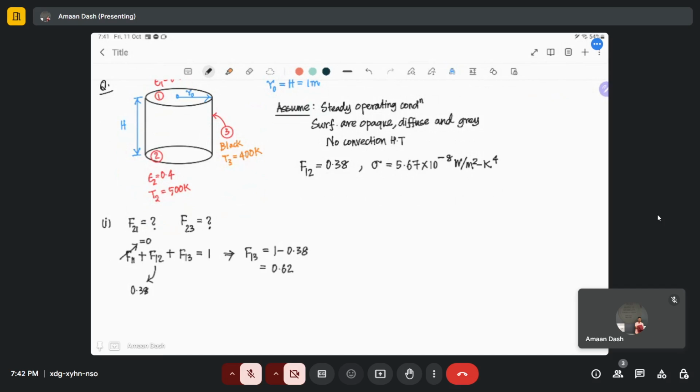The first bit of the question is the simple part: what will be F2 to 1 and what will be F2 to 3?